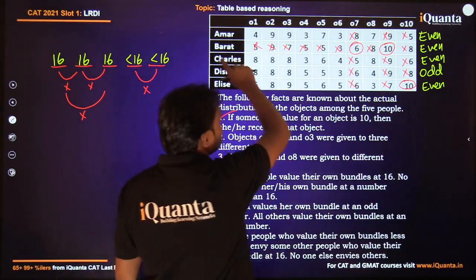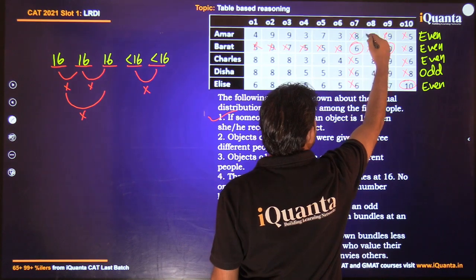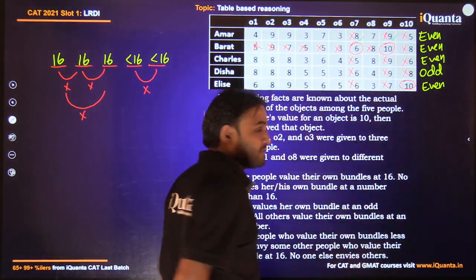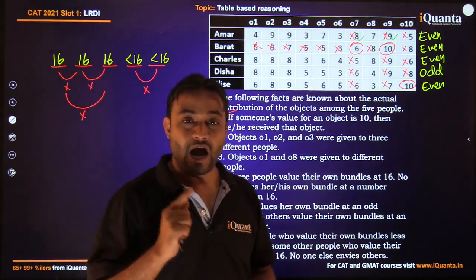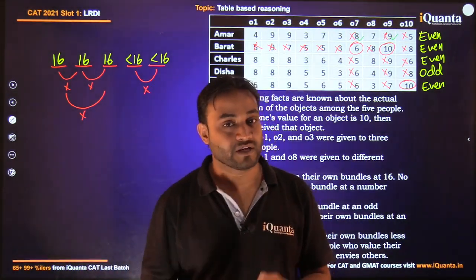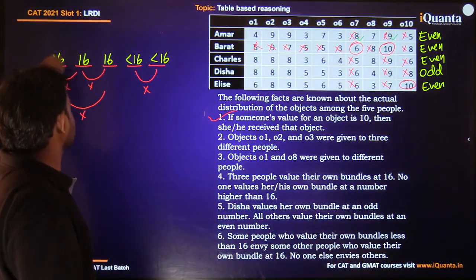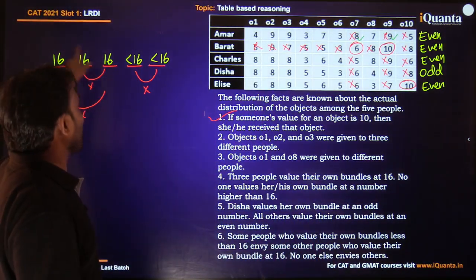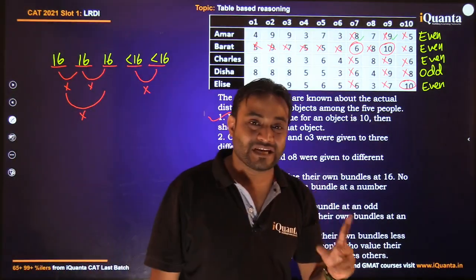Amar values Bharat's object as 8 plus 9, which is 17. That means Amar envies Bharat, and if Amar envies Bharat, according to this, Amar cannot have 16 as the sum of the objects he received.